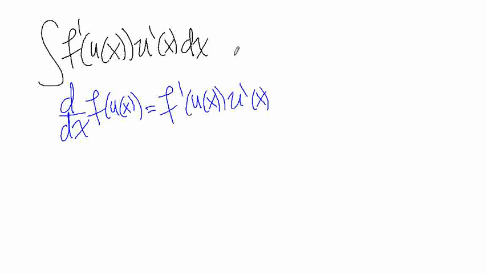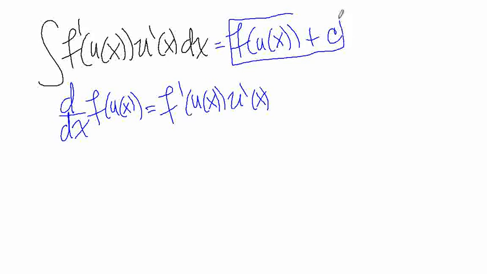So as you can see, the antiderivative that we're looking for is the right side of that blue equation. Or one antiderivative is the right side. So the general answer is f of u of x plus the constant of integration.